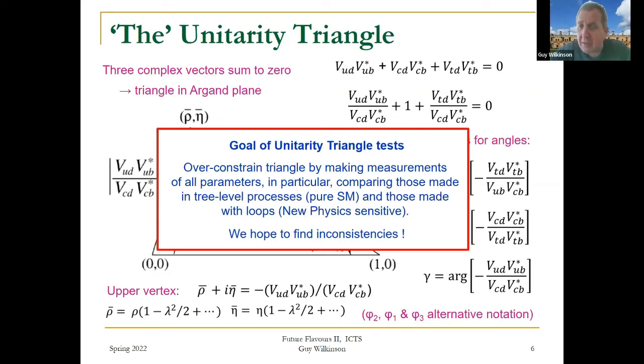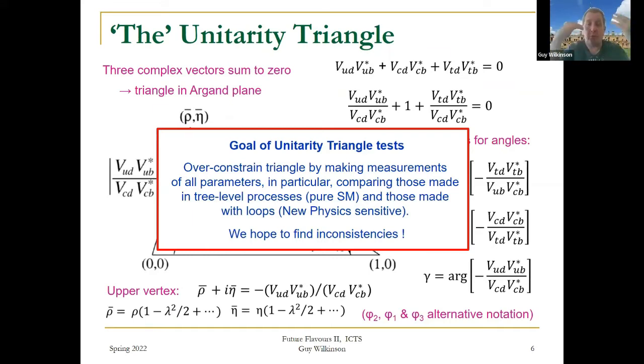In particular, it's very interesting to measure parameters using observables which are found in pure tree-level processes, because it's difficult to understand how these could differ from the standard model predictions, and those made with loops. In loops, new physics particles may contribute.